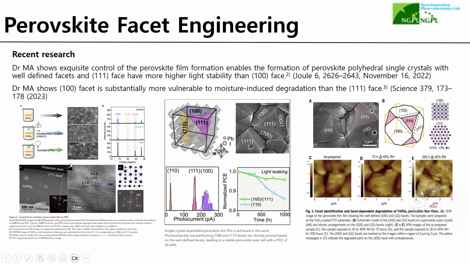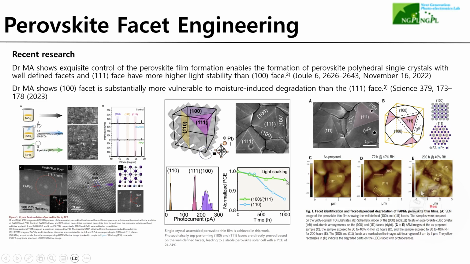And this device shows that the 111 facet has lower photocurrent than the 100 facet perovskite structure. However, this device shows higher light intensity than the 100 or 111 perovskite facet structure.